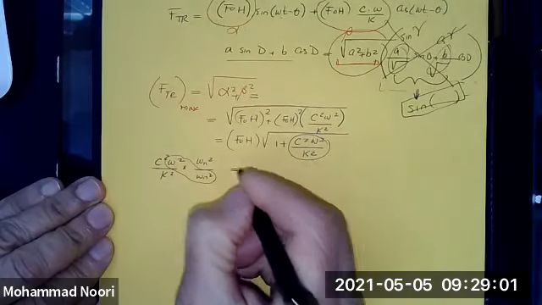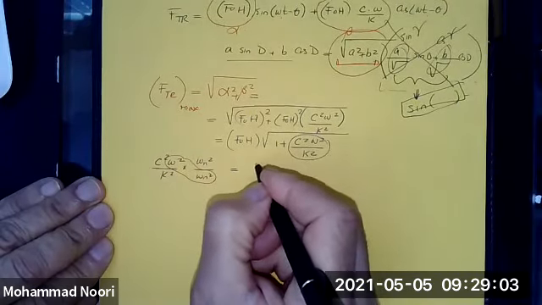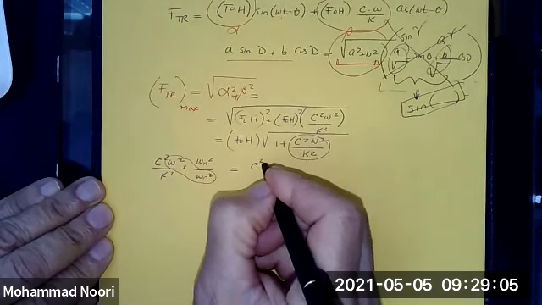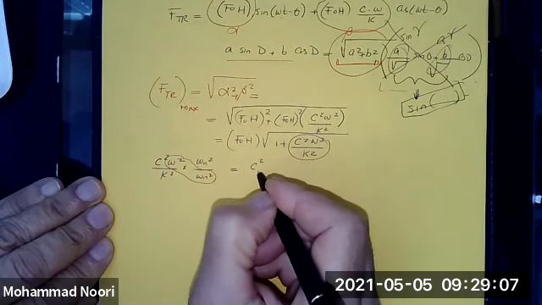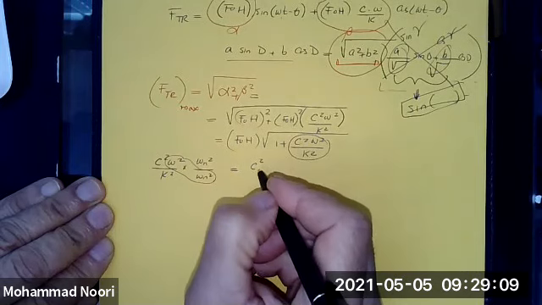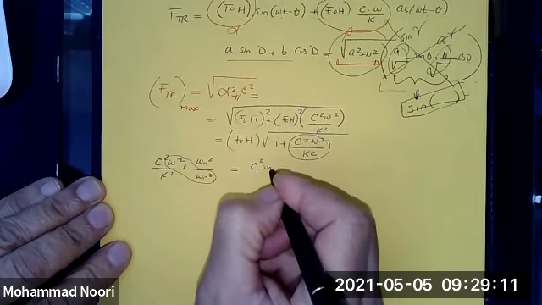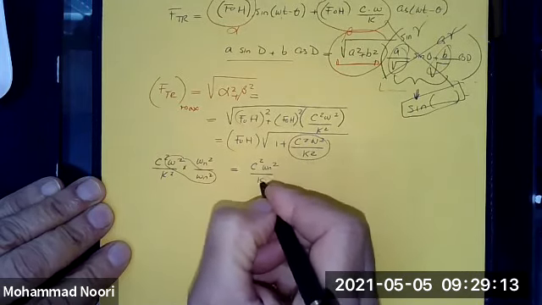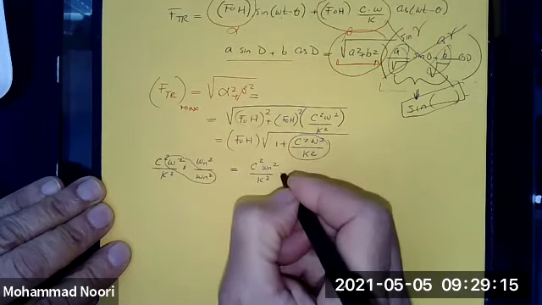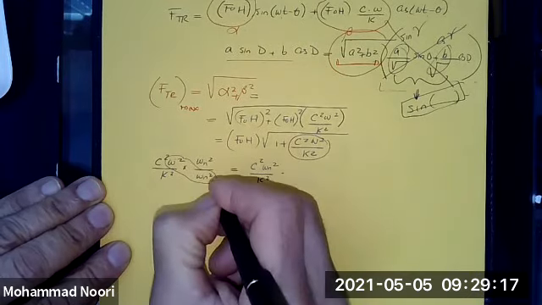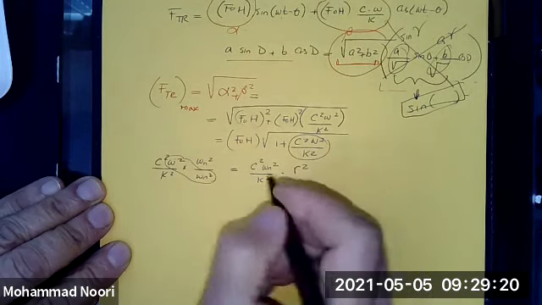So this would end up being C squared omega n squared over K squared times omega over omega n squared, which is R squared.